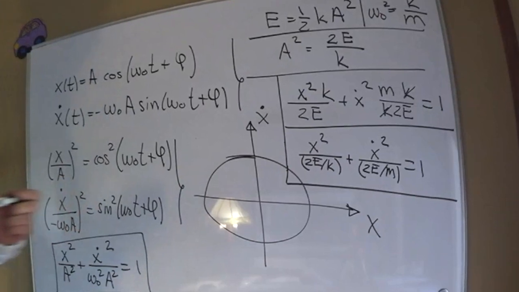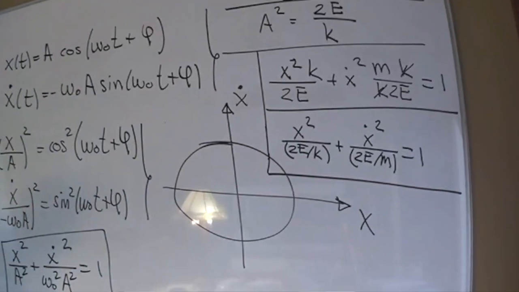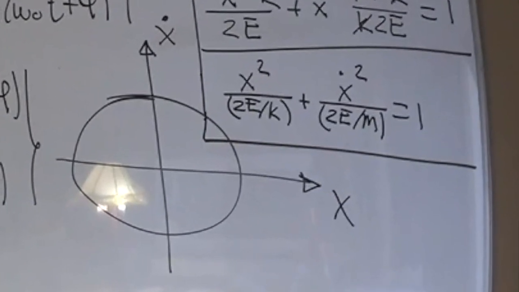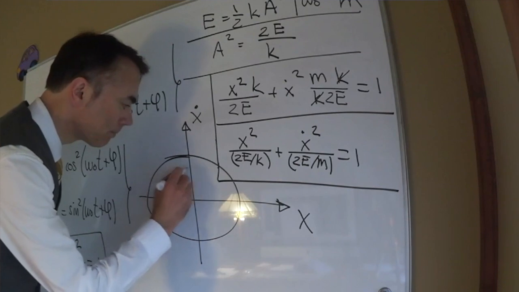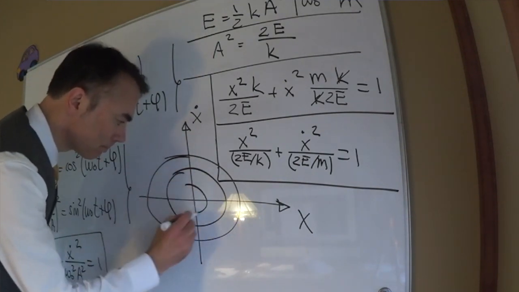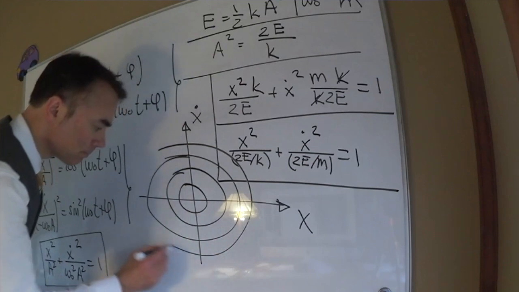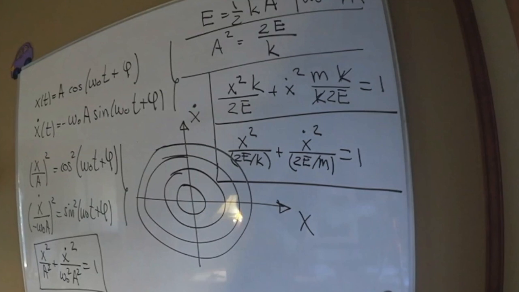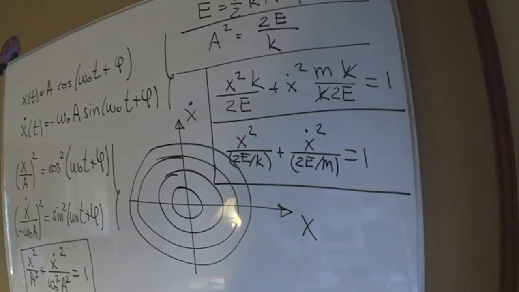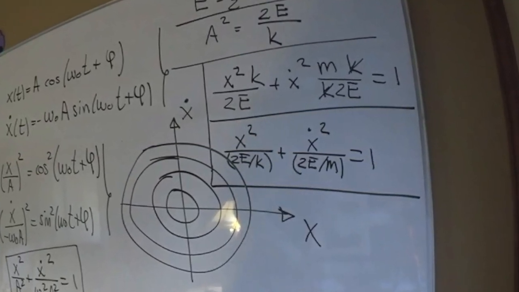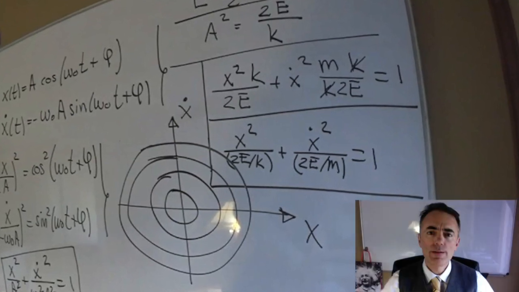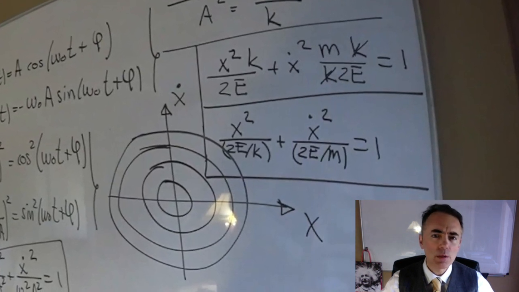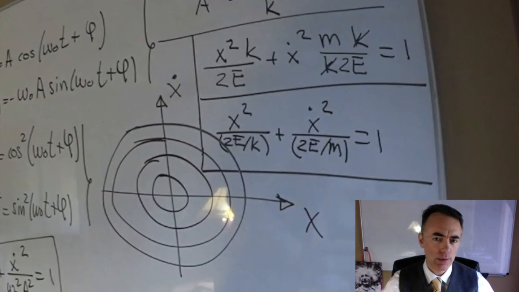So we see that these ellipses are such that the semi-axes that define them depend on the energy of the system. Each one of these ellipses corresponds to a different energy of the oscillator. The system moves along these ellipses with constant energy. These curves will not cross, as that would give a crossing point without a well-defined energy. The system is conservative. It can only go from one ellipse to the other by gaining or losing energy.